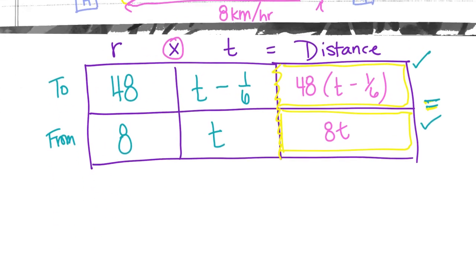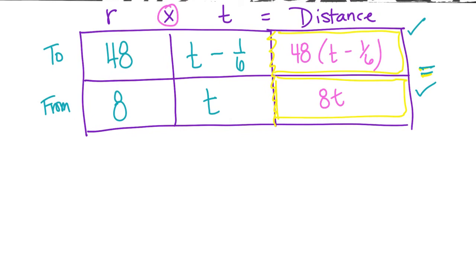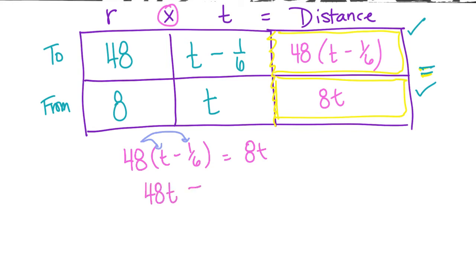And now I can just take these two distances, 48 times t minus 1 over 6, and make it equal to 8t. Well, let's distribute here. 48 times t, 48 times 1/6 is 48t minus, well, 48 divided by 6 is 8, and that's going to equal 8t.